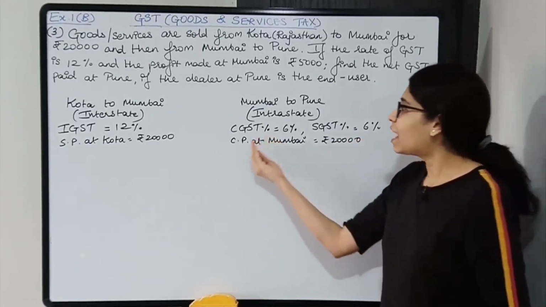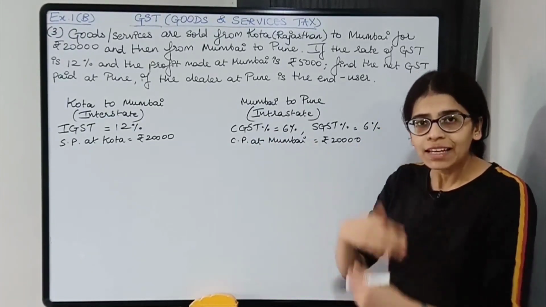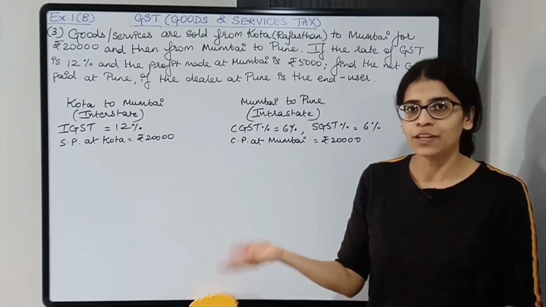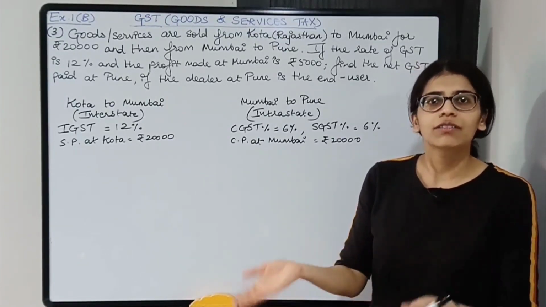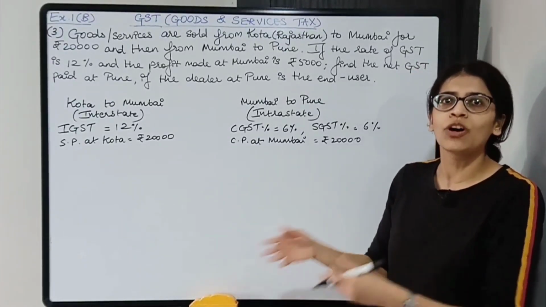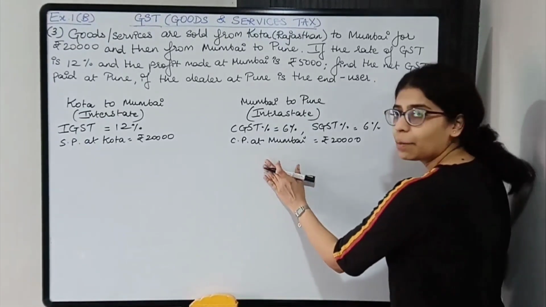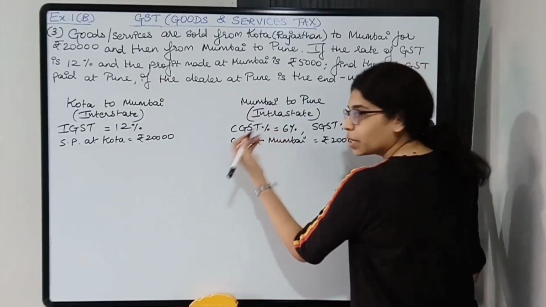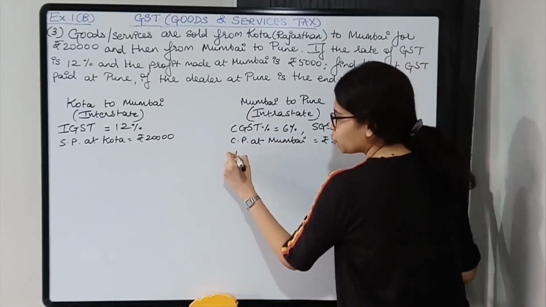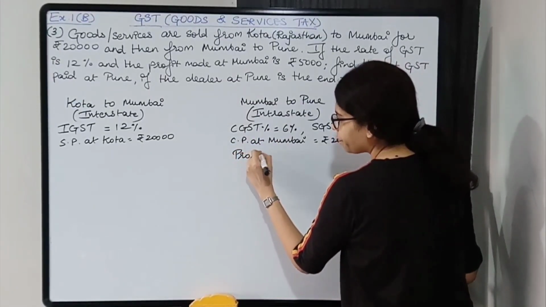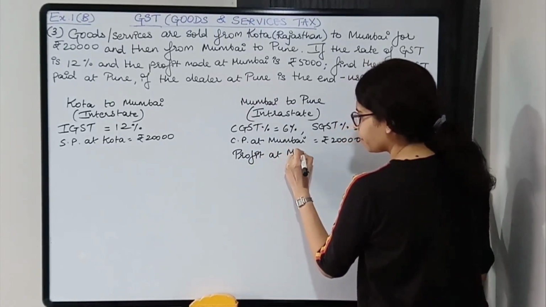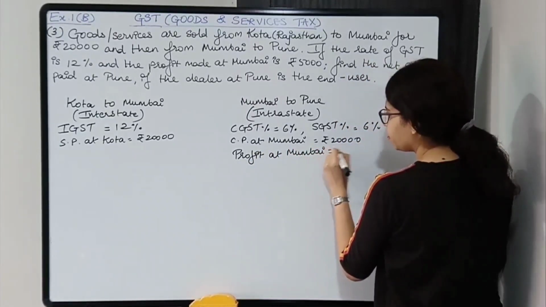When selling, profit and loss arise, right? When you're buying, you are not checking the profit or loss. When you're selling, what profit you're keeping or what loss you're making, that is important. So while selling, the Mumbai dealer is making profit. So how much is the profit at Mumbai? 5,000.